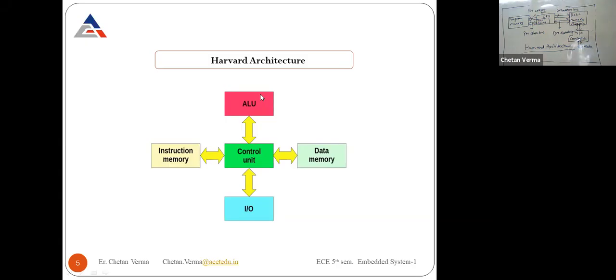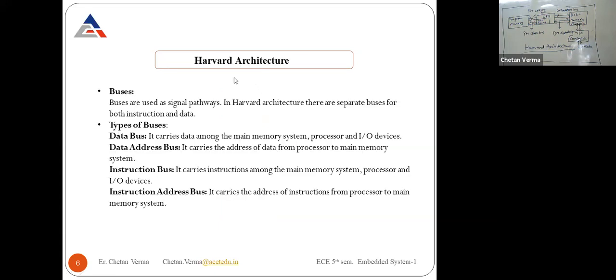Explain the Harvard architecture with the number of buses you have to involve in that. Buses are used as a single pathway in von Neumann, while in Harvard architecture there are separate buses for both instruction and data. I will explain the diagram on your board also. The type of buses: first, the data bus. What is the data bus?